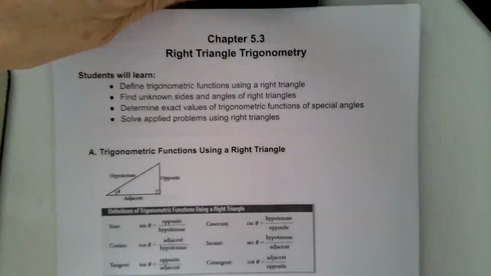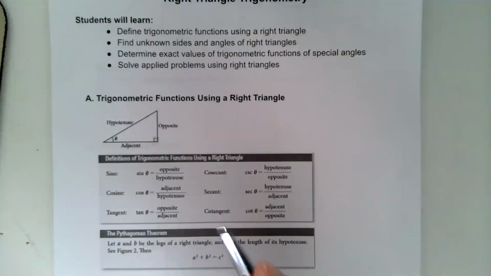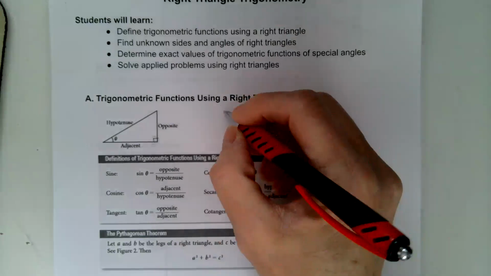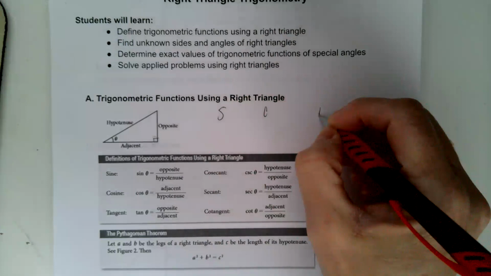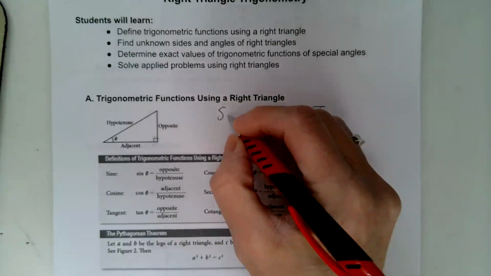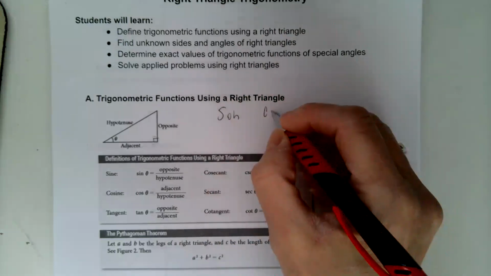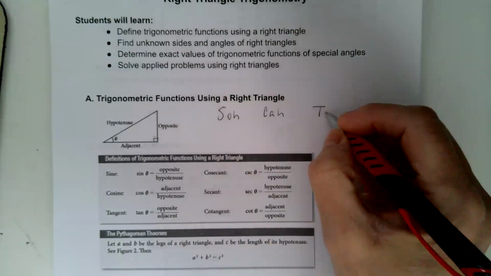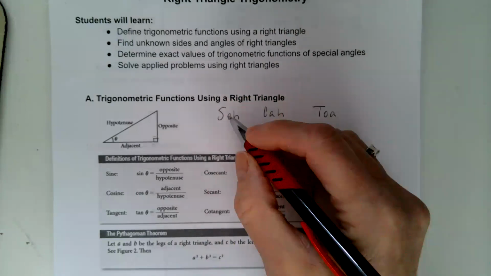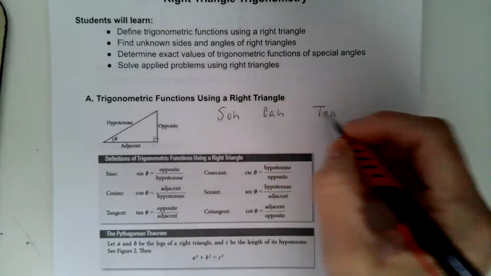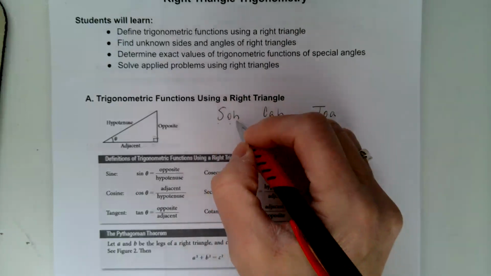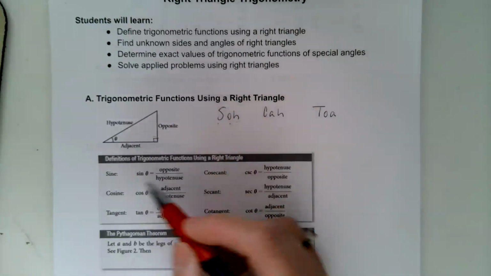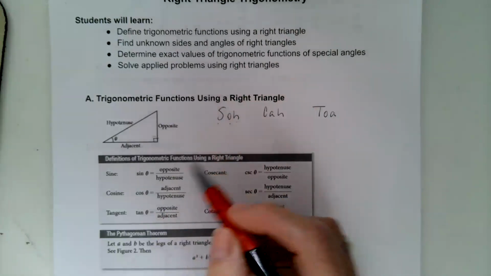Now, I also mentioned this in the last lesson, but a way to remember sine, cosine, and tangent is SOH-CAH-TOA. Sine is opposite over hypotenuse.